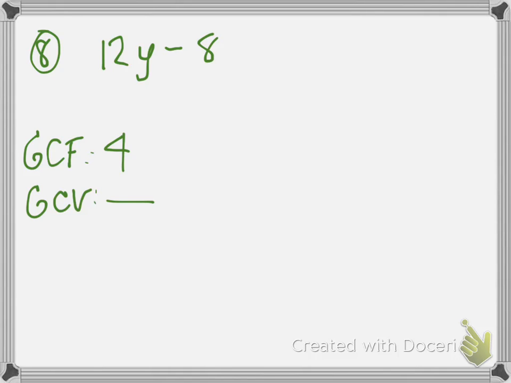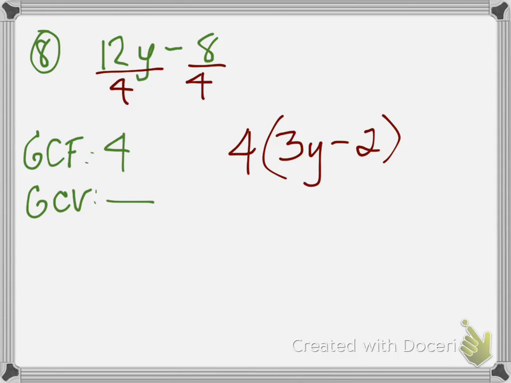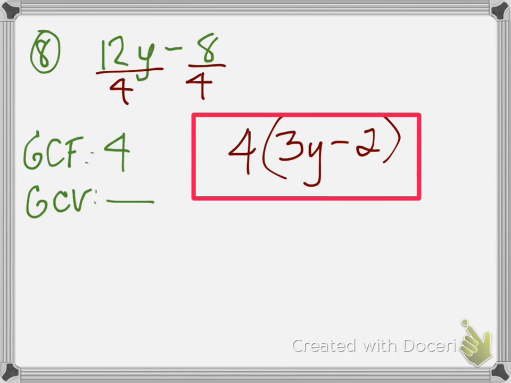If I divide out this 4, 12 divided by 4 is 3. Got to keep the y. Negative 8 divided by 4 is negative 2. My greatest common factor comes out front, or it can be behind too, it doesn't matter. So we end up with 4 times 3y minus 2 for number 8.